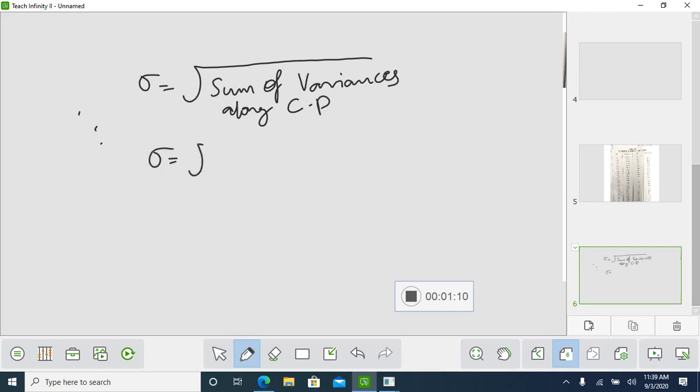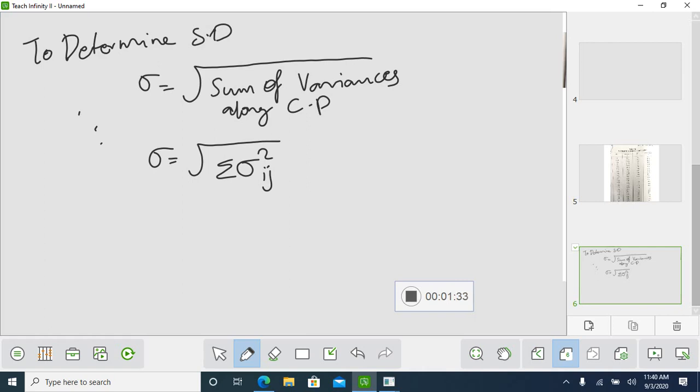So this is the formula to determine standard deviation. Make a note of it.